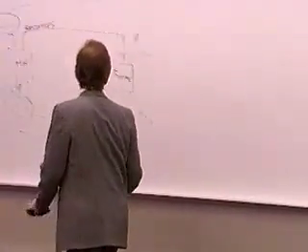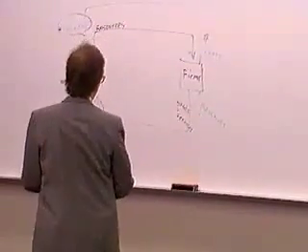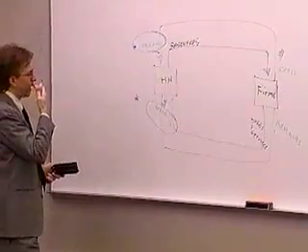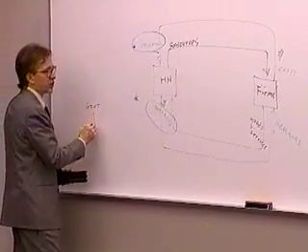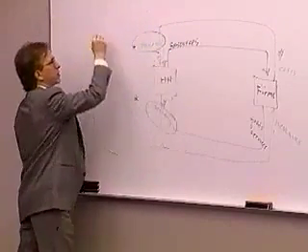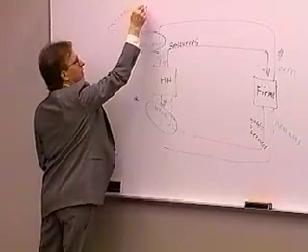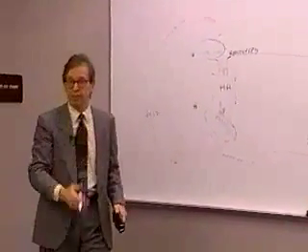Let me see if I can get my... This is a pretty simple picture, but I don't know how this is going to happen. If you've got government over here, what I'm saying is these transfer payments, oh, I better bring it in like this. The transfer payments come into the households as a form of income.